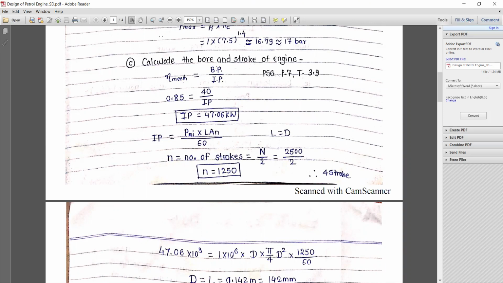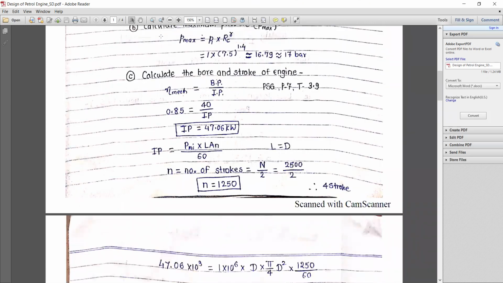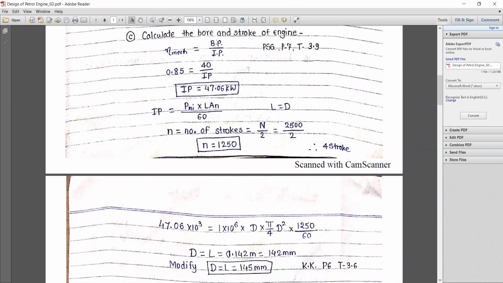Indicated power is equal to indicated pressure multiplied by length, area, and n, where n is the number of power strokes. How can we calculate it? The number of strokes is equal to N divided by 2, so N is 2500 divided by 2.